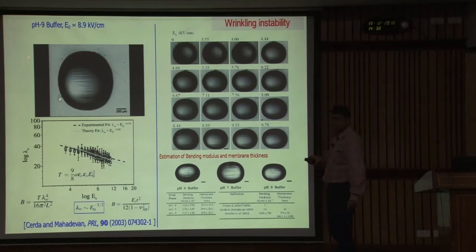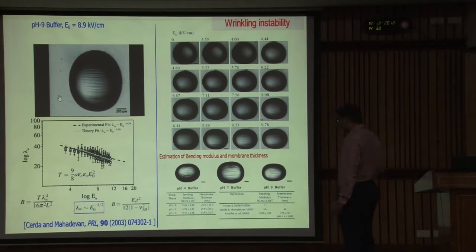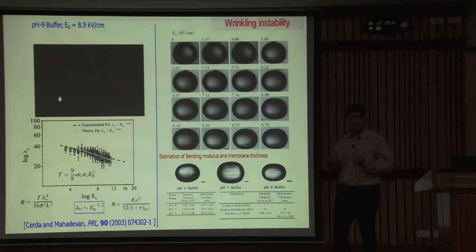One can then estimate the wavelength of these wrinkles, and the wavelengths of these wrinkles change with the applied electric field. Okay. So these wrinkles are essentially forming because there is a tensile electric force, as I showed, which acts on these capsules to pull them away, and then there is a compressive stress at the equator, and the two together are really responsible for these wrinkles.